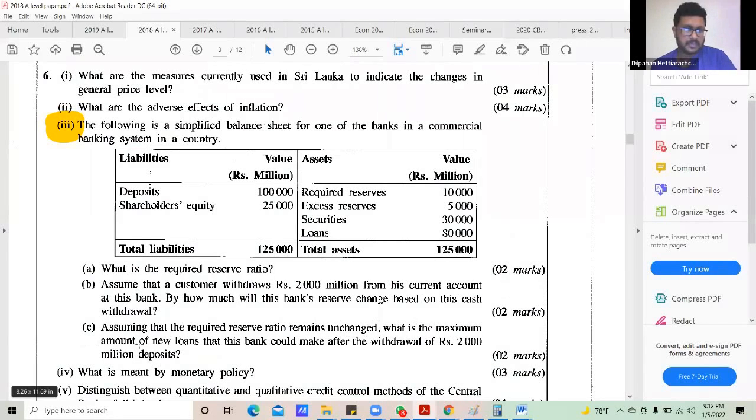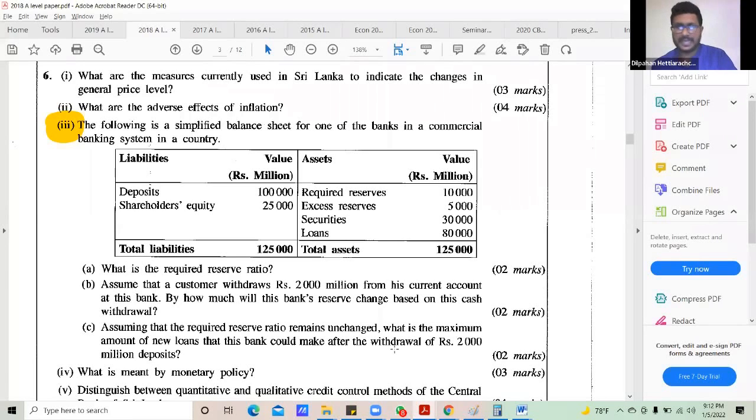What is the maximum amount of new loans that this bank could make after the withdrawal of 2,000 million deposit? So initially there was a question. Do we need to continue the same question or do we have to go back and do the calculation? So look at this language, C, right? So C clearly tells us you continue.